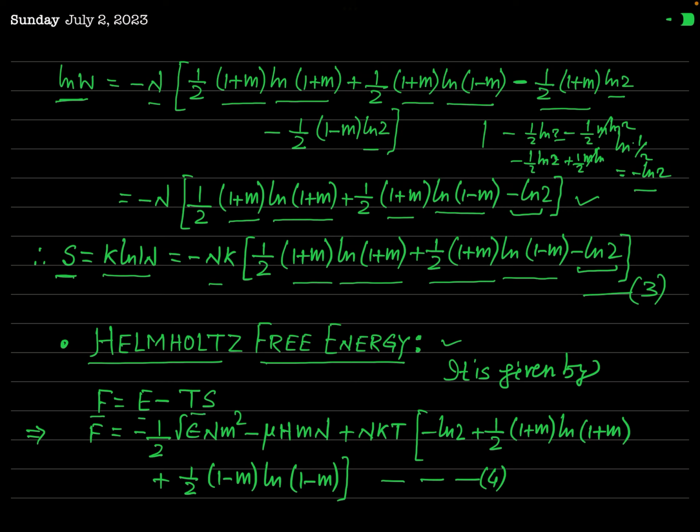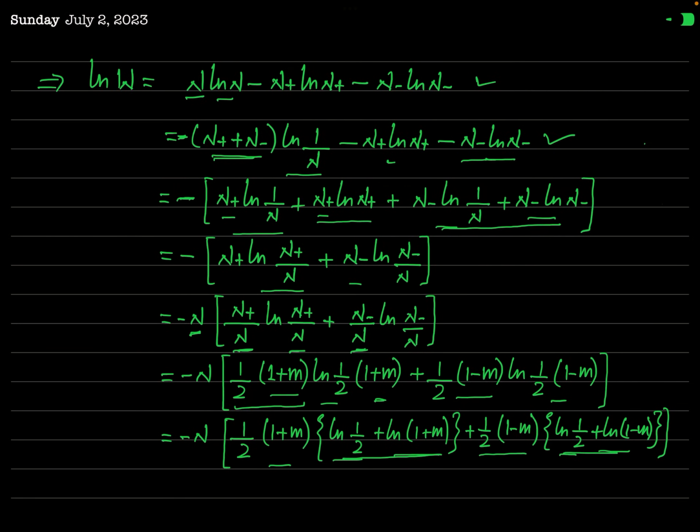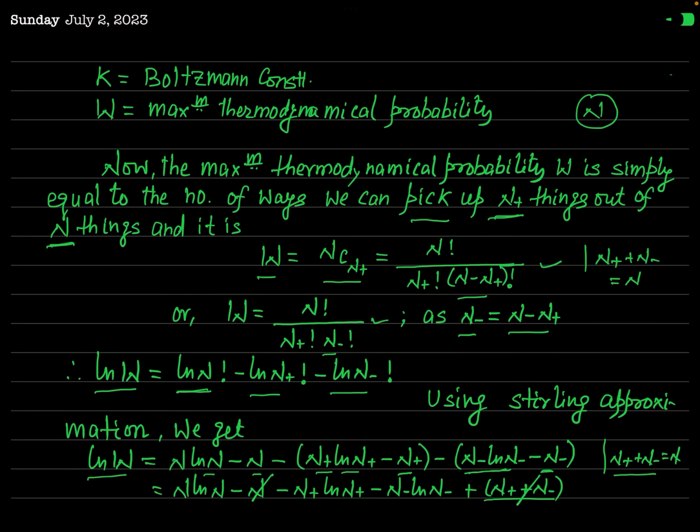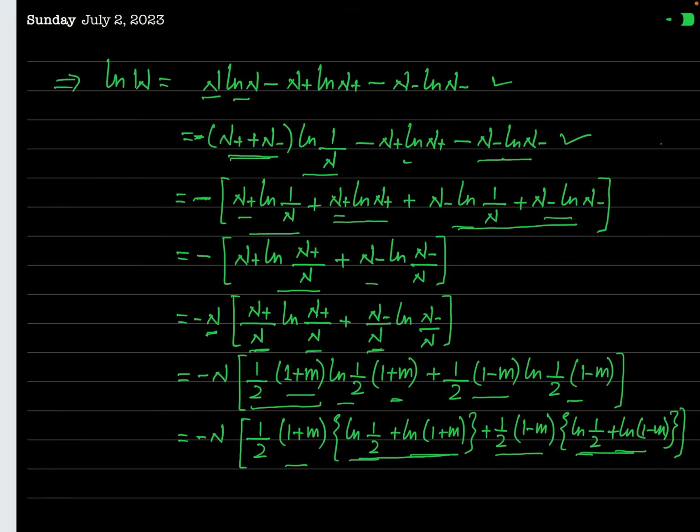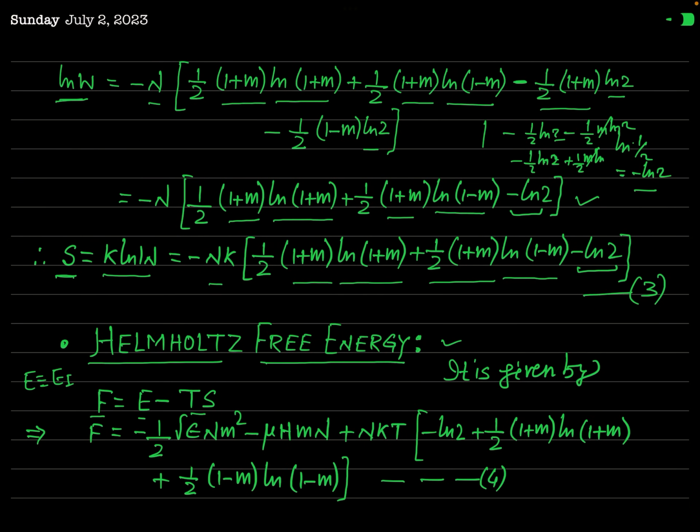E is actually the internal energy, and in this present problem this E is equivalent to E_I, which we have already obtained in the previous lecture, and I have mentioned its value earlier in this lecture. This is the value of E_I. So let us substitute the value of E_I in this expression.